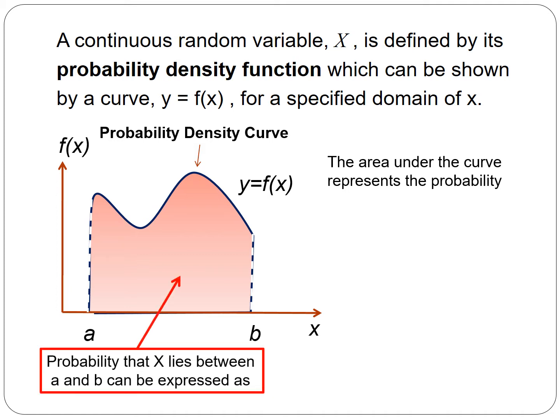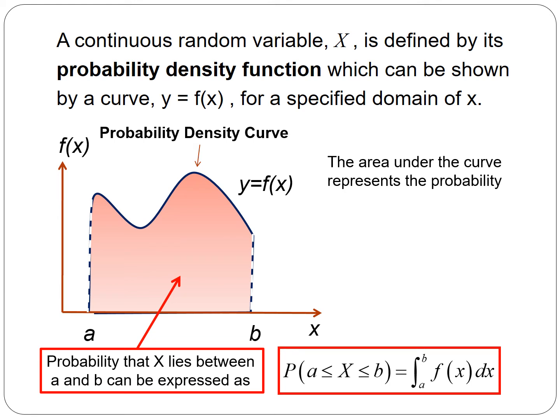Hence, the probability that x lies between A and B is equivalent to the integral of f of x from xa to xb, because the method in calculating the area under the curve is to find the integration within the given limits.